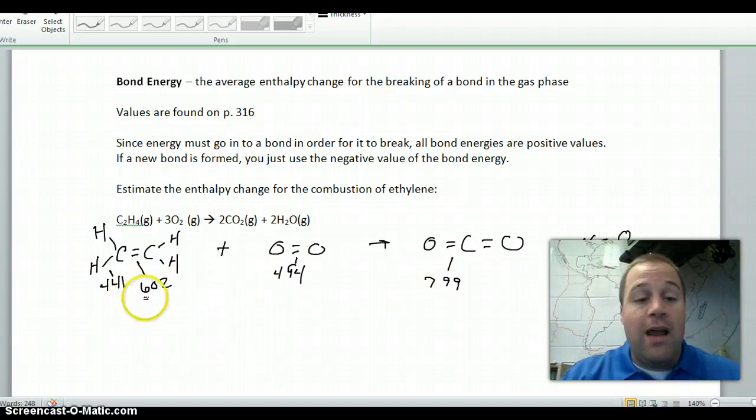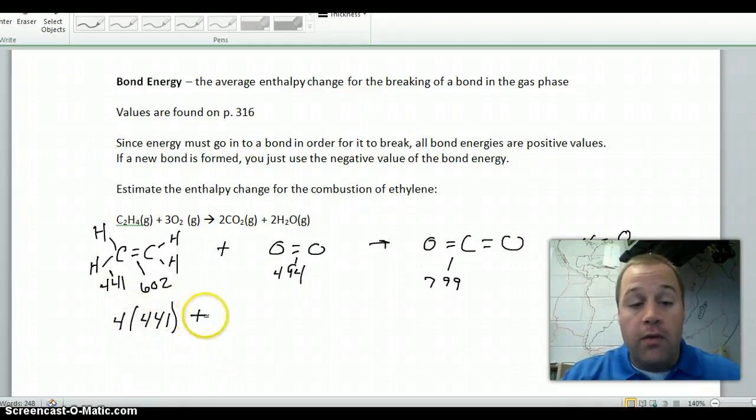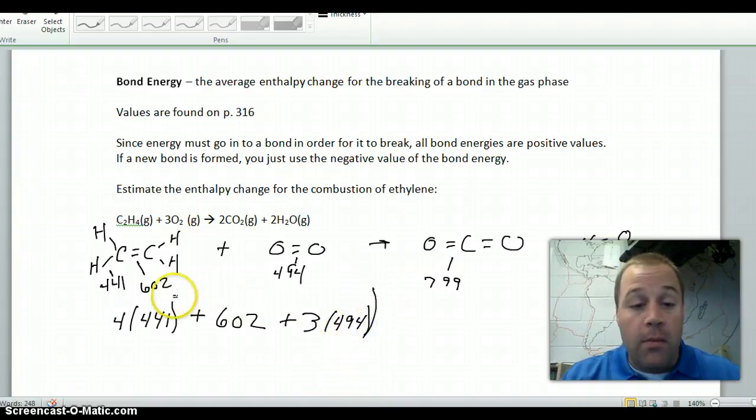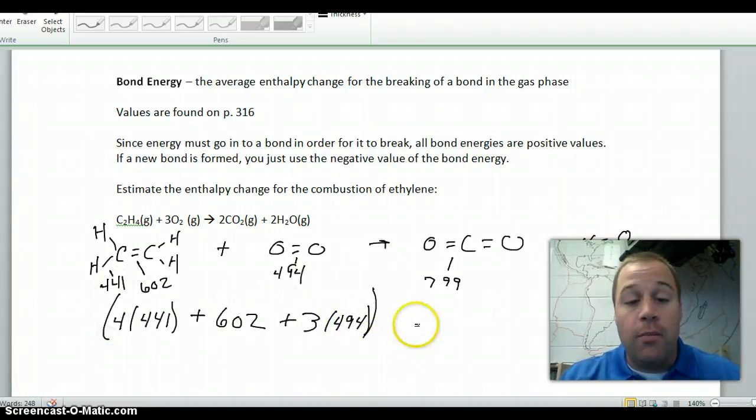Then what you're going to do is add up the values. In C2H4 there are 4 CH single bonds, so 4 times the energy for 1, plus there's 1 CC double bond, so plus 602, plus there are 3 oxygens, each with 1 OO double bond at 494. So there's the sum of all the energy that went in to break bonds.